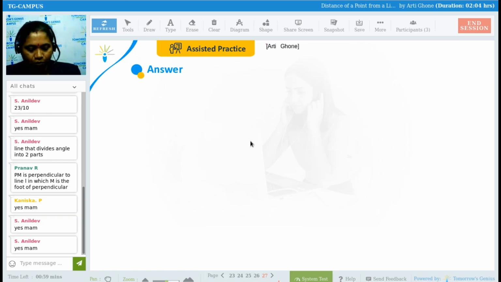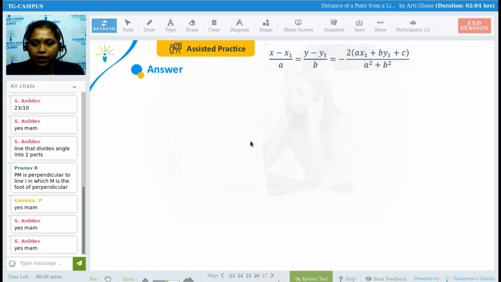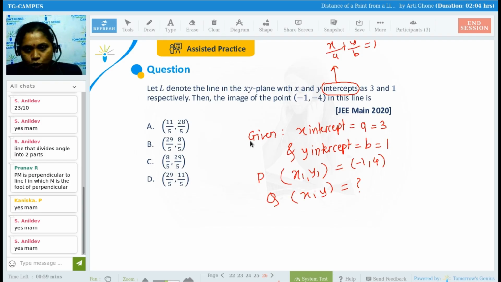Now, there is one more thing to keep in mind, that the line is given in slope intercept form, so the equation of the line is in this format.